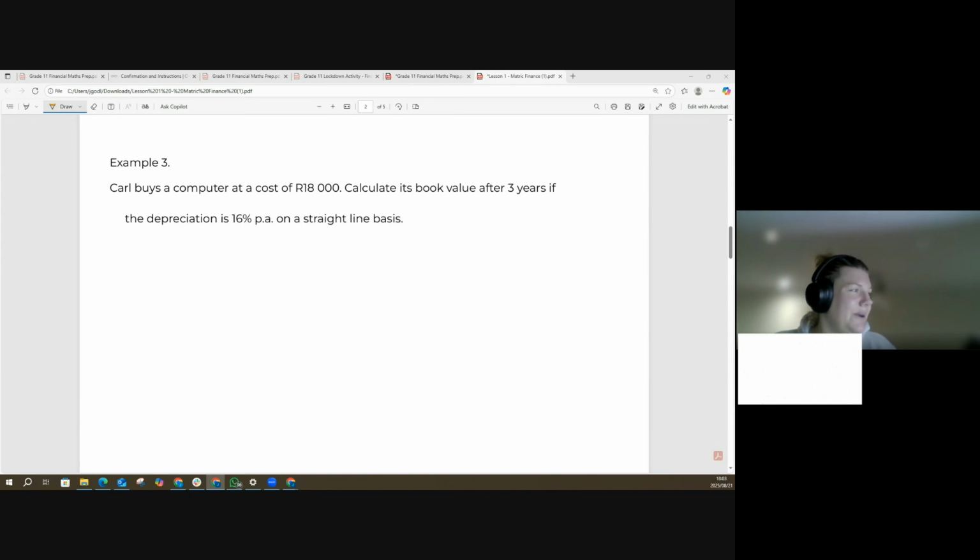So we're working with a straight line basis, which means we are going to be working with A is equal to P(1 minus i times n). Okay, and let's have a look at what our information is. We know it's 3 years. We know our interest rate is 16%.